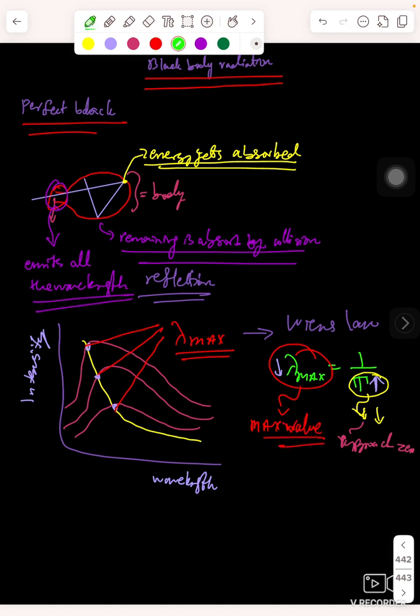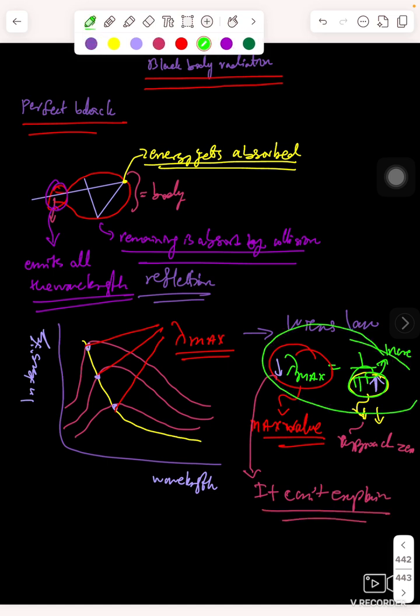But if we do the opposite, increase the temperature, we see that it doesn't follow. It can't explain it. So this equation can express the left part of the graph, this part, but can't explain the right part. It is only possible when temperature approaches zero that we get maximum values of lambda, and these are different values of temperature.